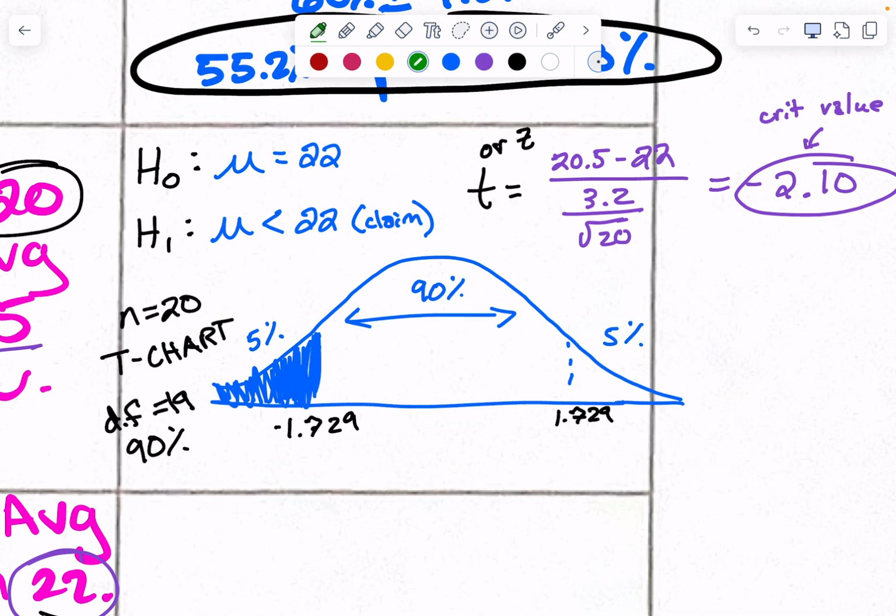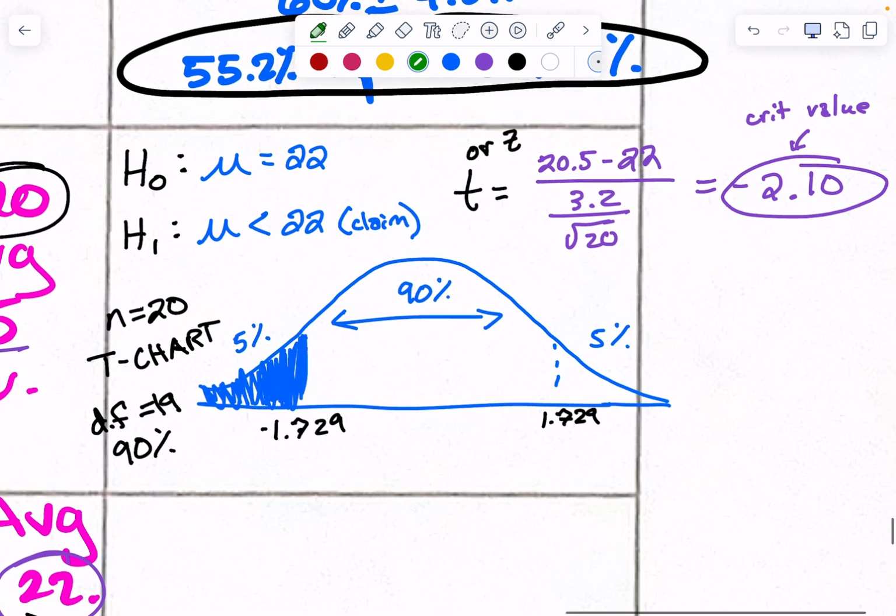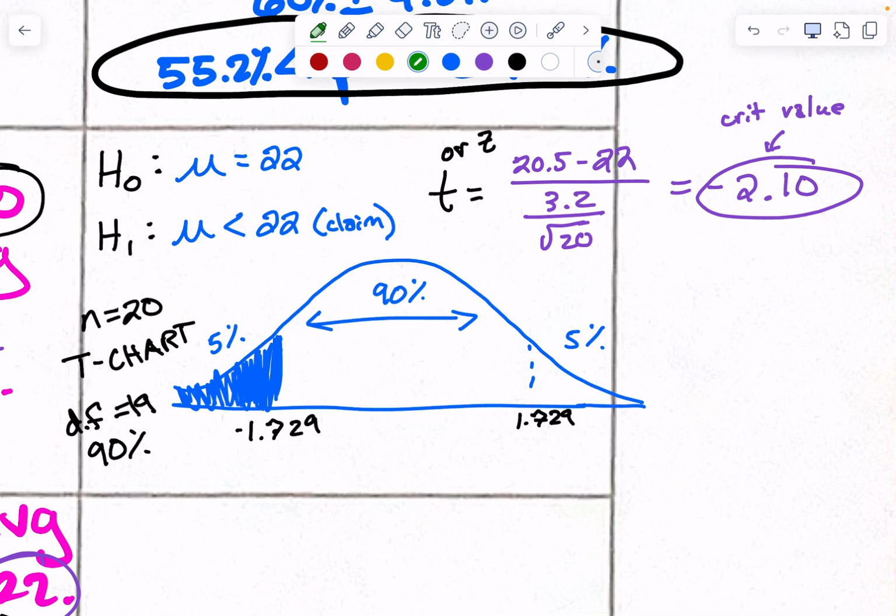All right. Now what do I do with that info? Because we're doing the critical value method, now we have to figure out where it lives. It lives right there, in the darkened region.